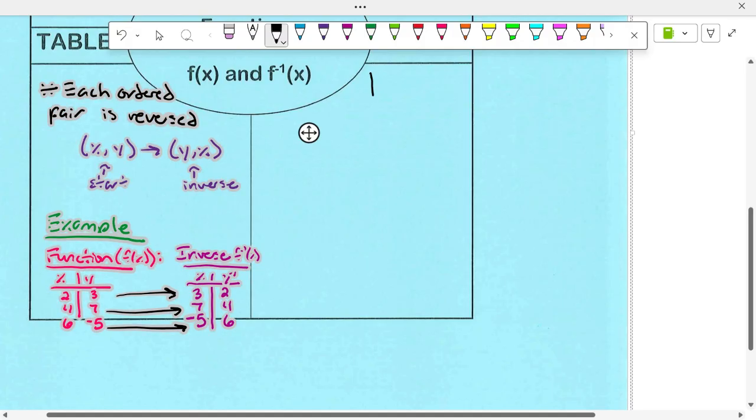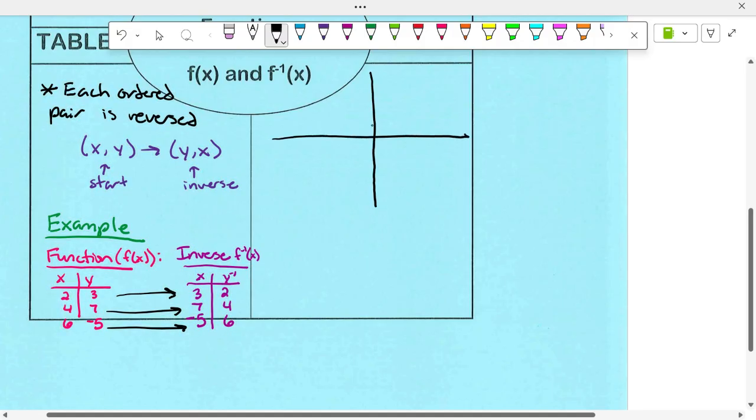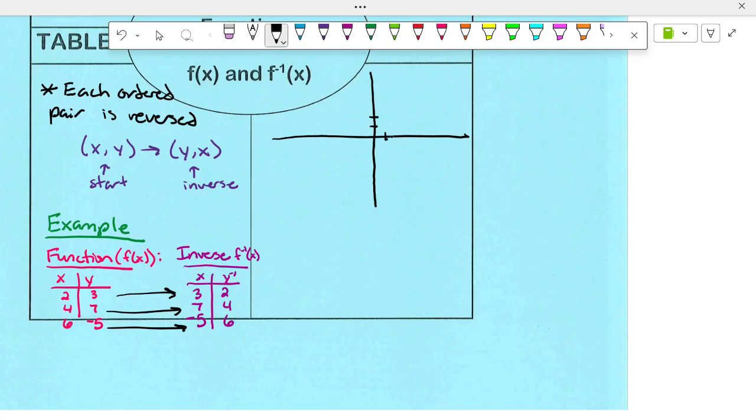Now, with a graph, let's just say I make a quick coordinate plane. I only really need 2 dashes each. If I plotted these points here, let's say I made a quadratic graph. Let's call this one f of x. My original points for that are (-1, 2), (0, 1), and (1, 2).